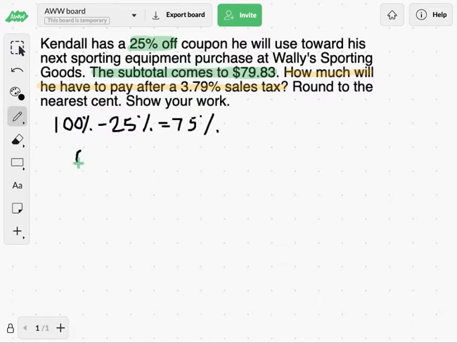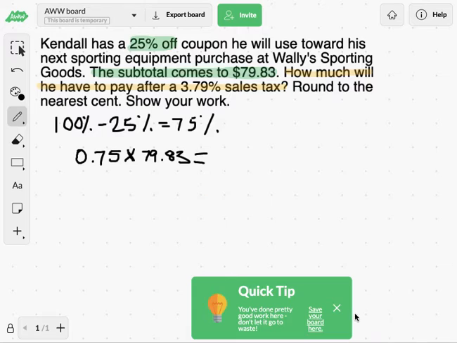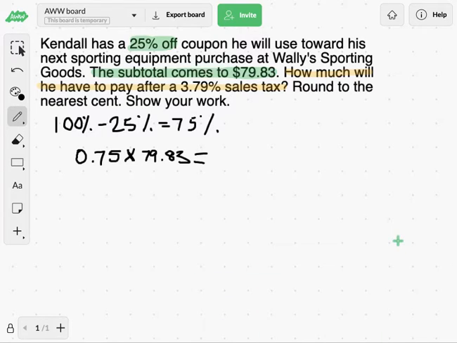So in our equation, what we would have is 0.75, because 75% expressed as a decimal is 0.75, and you need to multiply that by 79.83, which is our price. That's going to give us our discounted price.